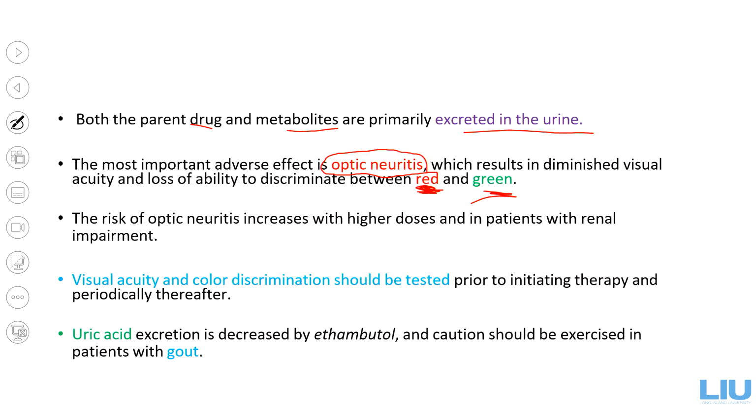We should always have them check with ophthalmologists to check their vision, acuity and the color discrimination periodically. Okay? So that's an interesting thing I definitely want you to know. If someone takes the drug, you definitely want to counsel them that this could occur, and then they should frequently check with ophthalmologists.